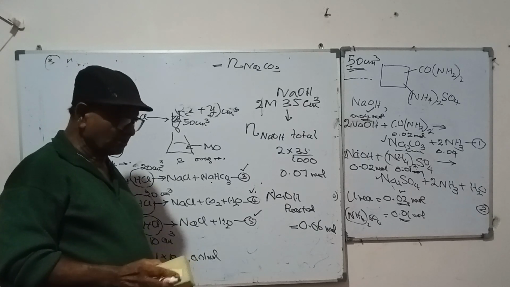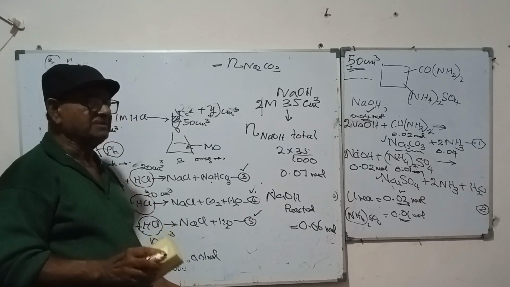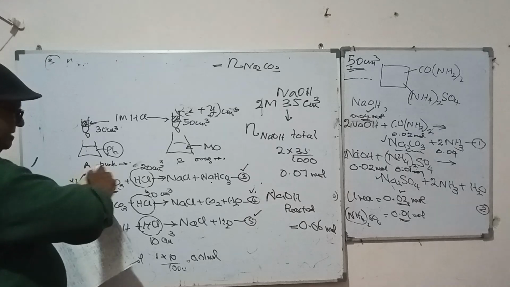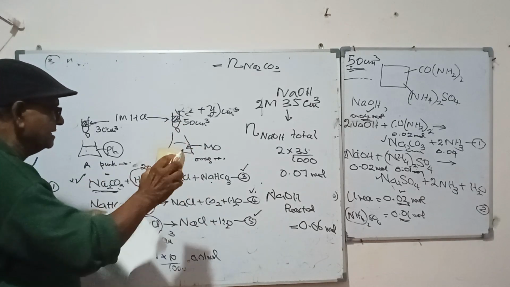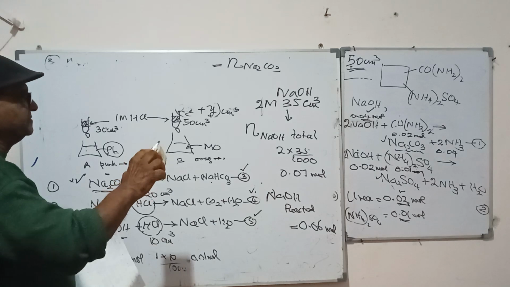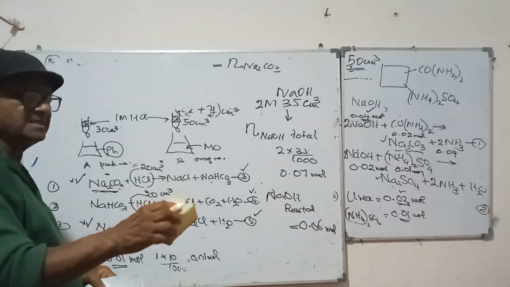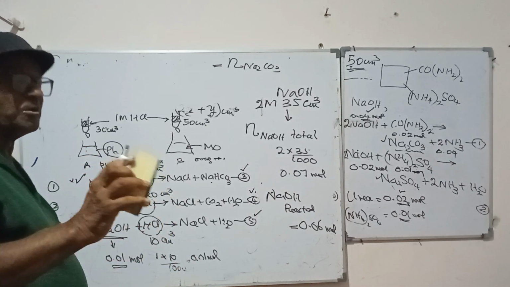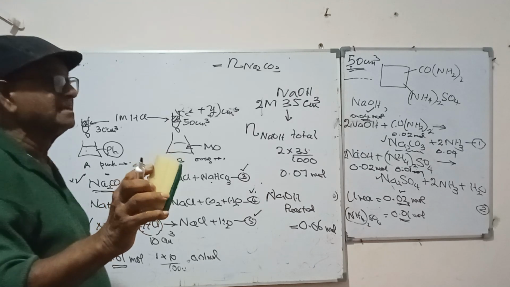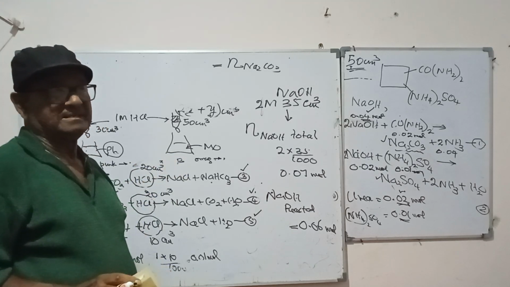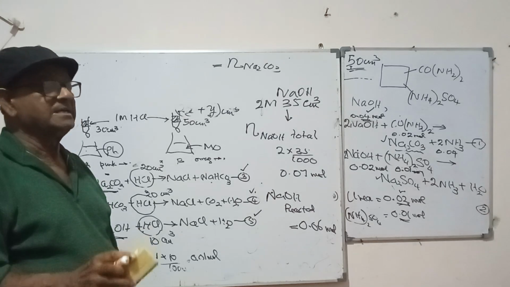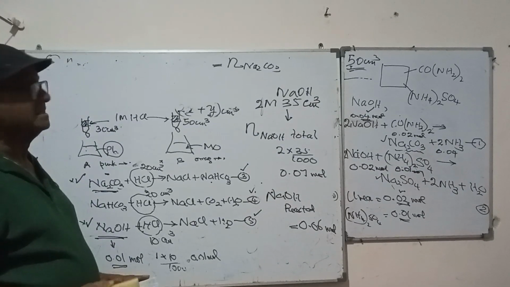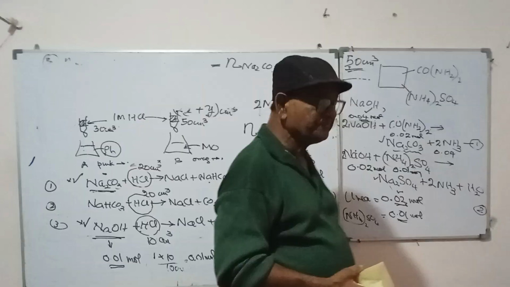So it is clear that you need not write any words. Everything can be given by writing the equations and giving the numbers. According to the reactions, you can give the number of moles, so there is no need to write sentences during the calculations. It is very important. You can save time. Right? So I think you understood this problem.